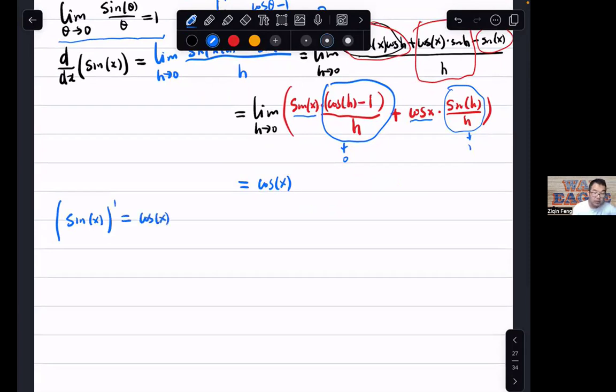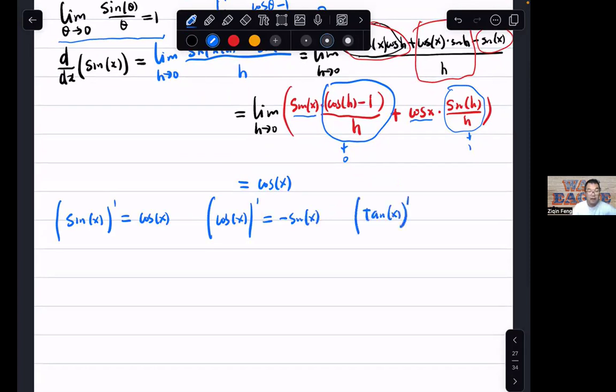To get the derivative of cosine, you apply the same method, and using the limit we have here, we get that the derivative of cosine of x is negative sine of x. That's good. Now, what's the derivative of tangent of x?